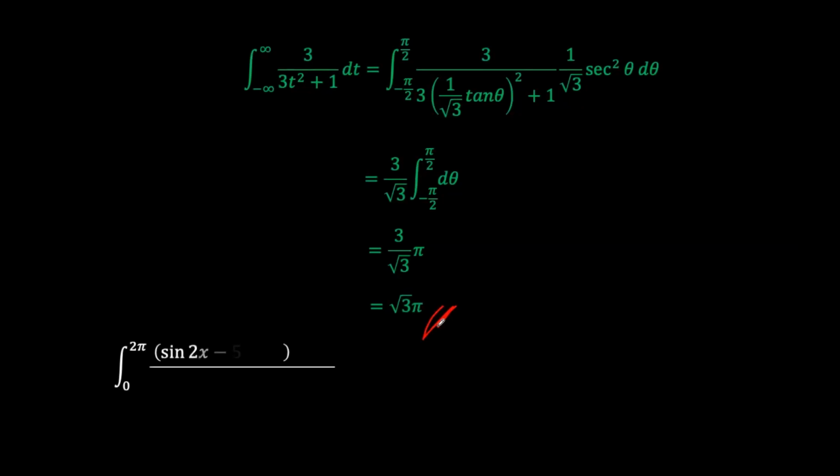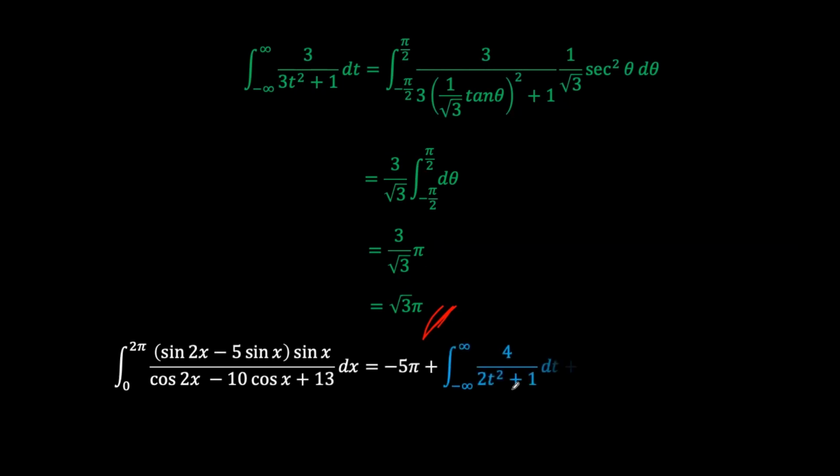So since our question demanded that we have negative 5 pi plus the blue integral and the green integral, we know the blue integral resulted in 2 root 2 pi, and then the green resulted in root 3 pi.